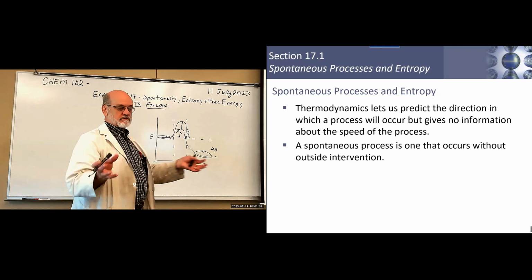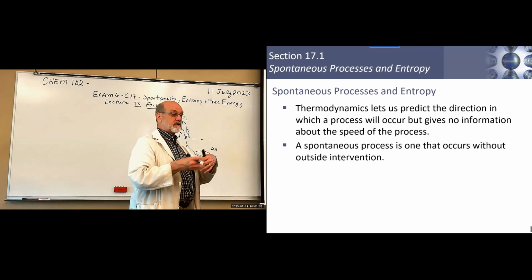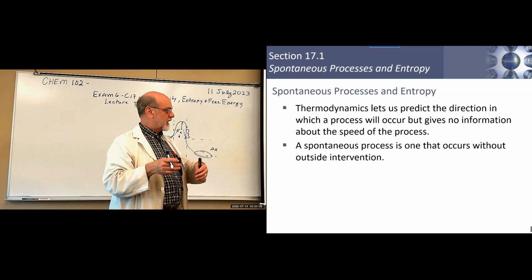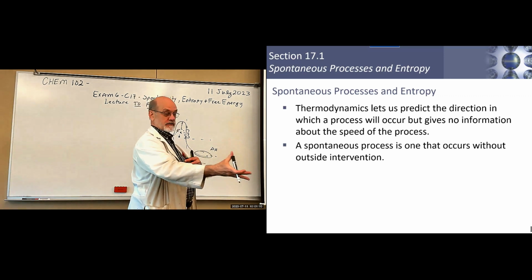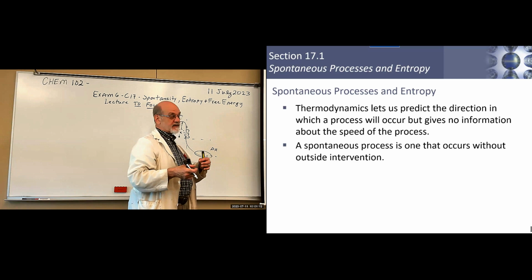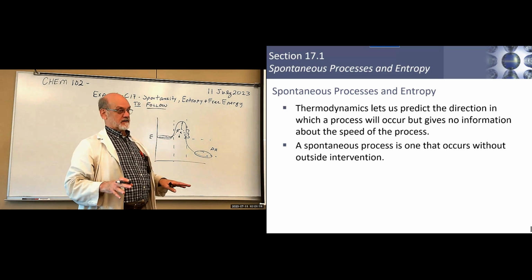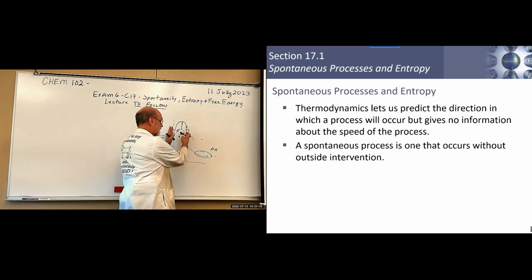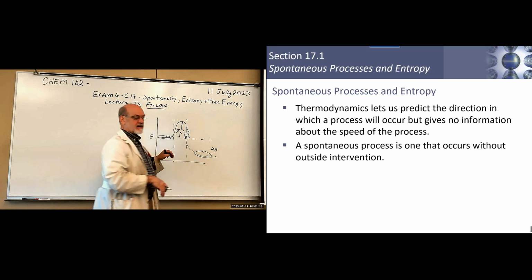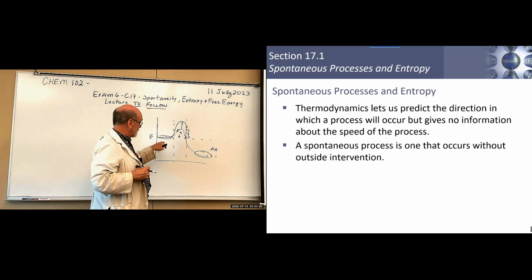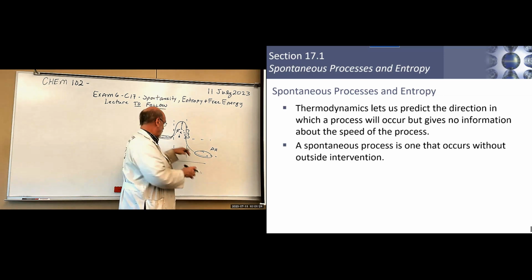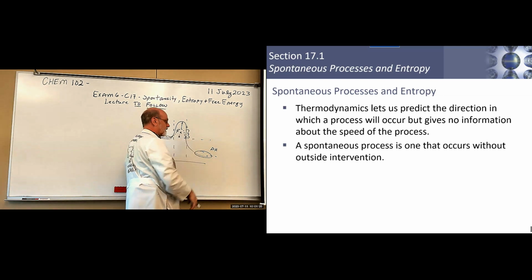You put the two or more reactants together, or just one reactant for that matter, and it will progress to the products. Now, that doesn't say anything about how fast it gets there. That's kinetics, that's in this part. But the spontaneity of the reaction, it will go without any outside intervention from here to here, or if it's reversed from there to there.